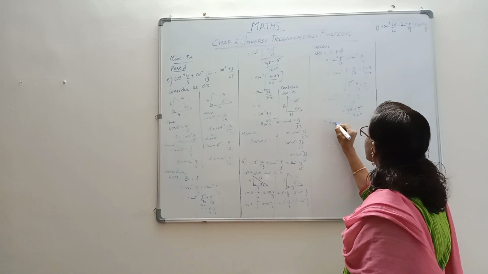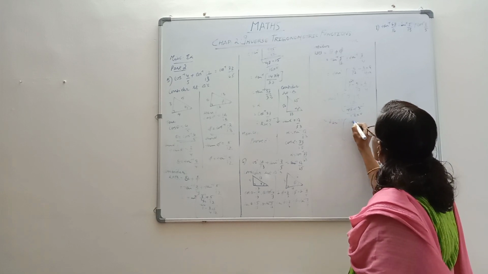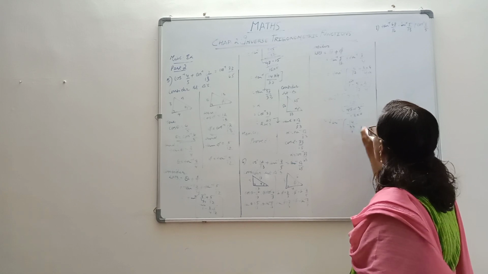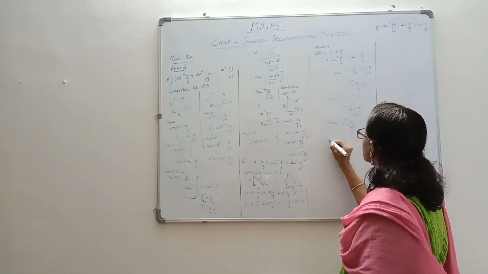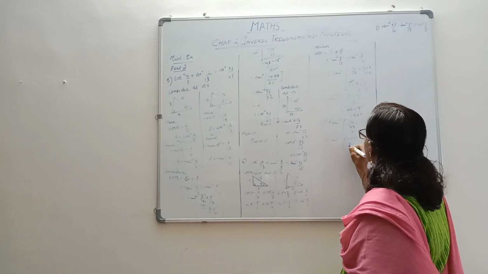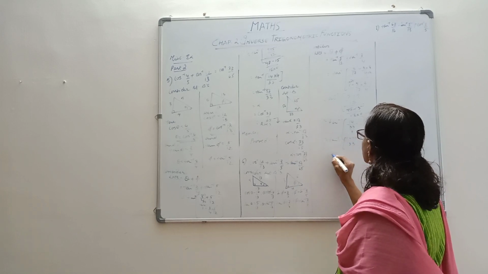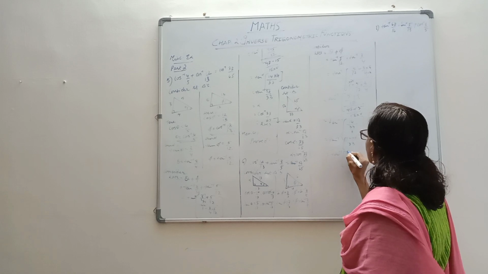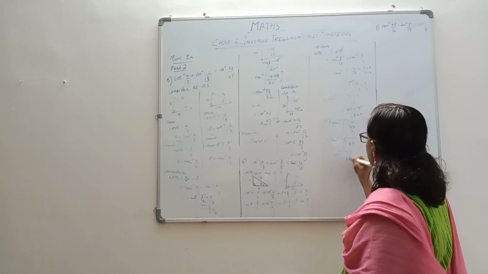So you have tan inverse of 14 by 33 by 4. So you have it divided by, so multiplication by a reciprocal, tan inverse of 14 into 4 by 33. So that is tan inverse of 56 by 33.